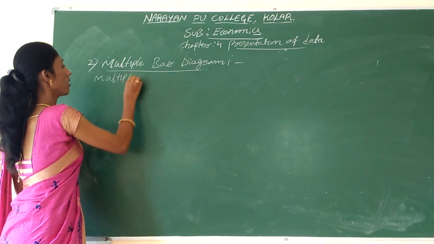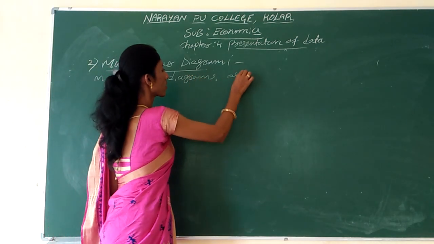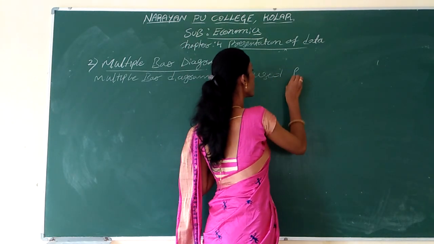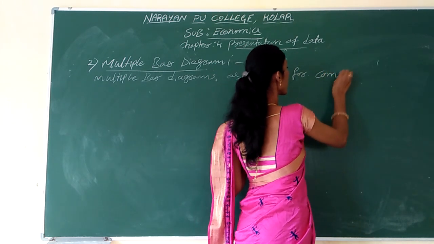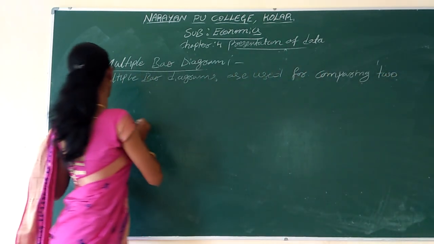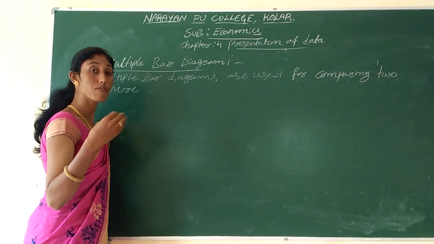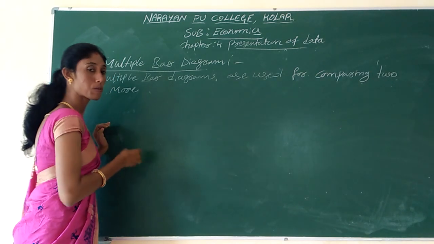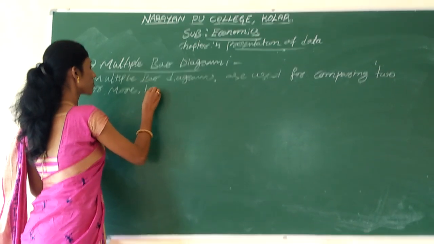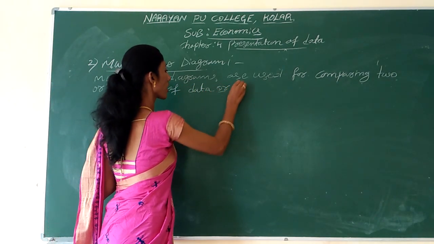Multiple bar diagrams are used for comparing two or more types of data or variables, a set of data or a variable.